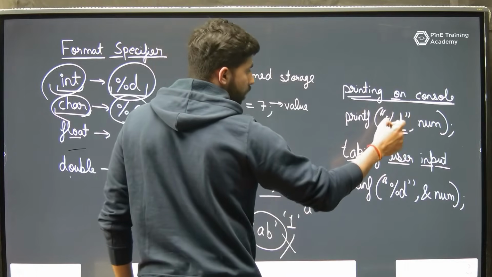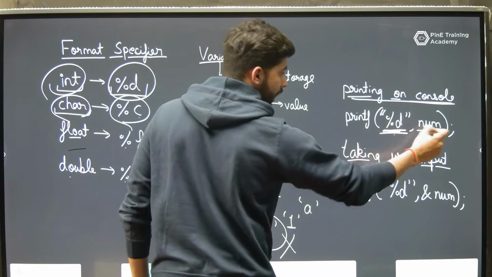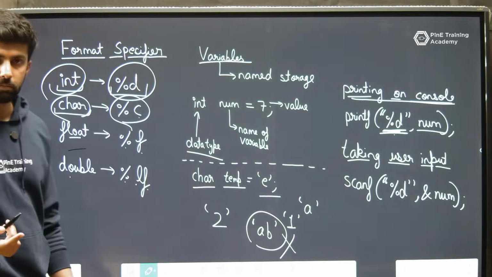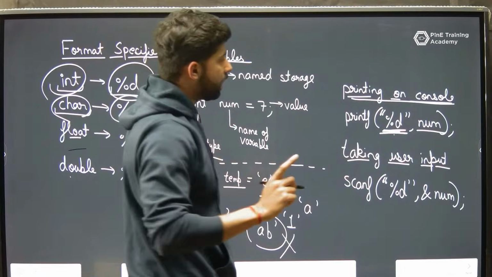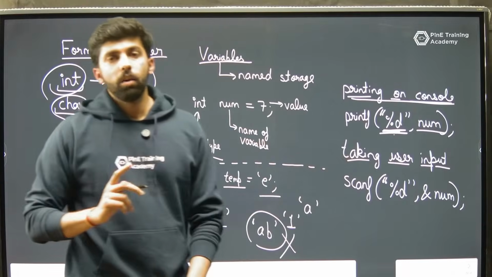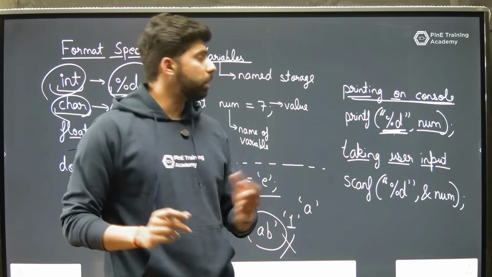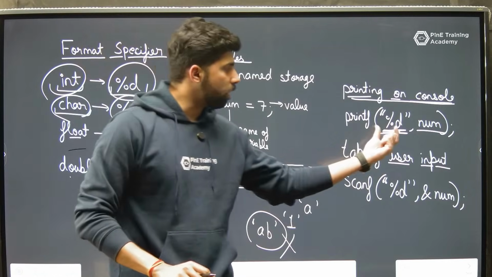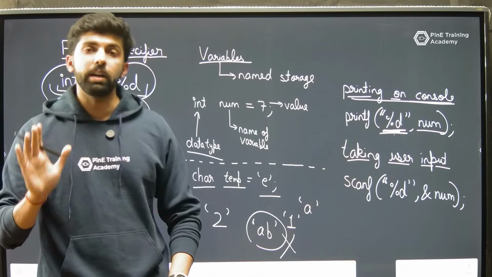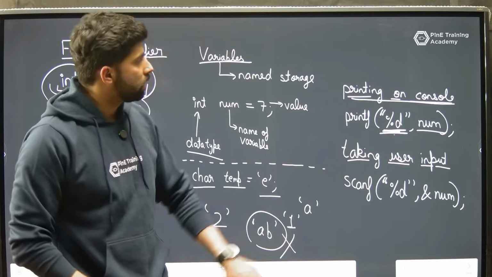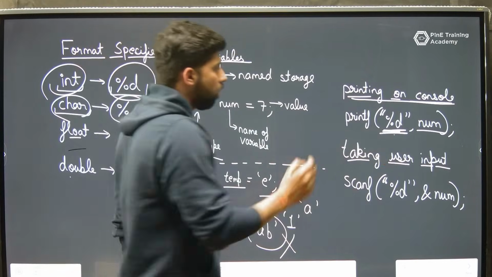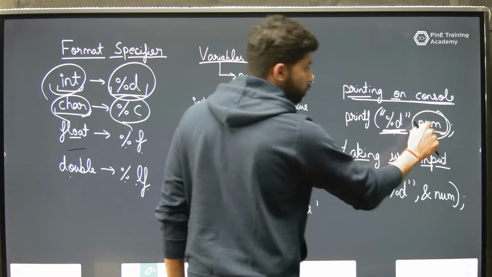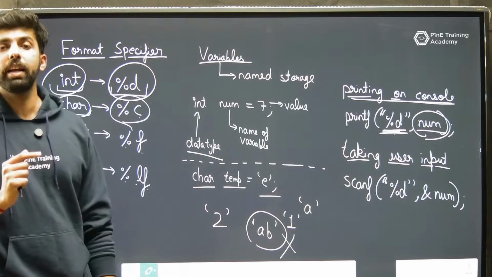In double inverted commas, you use format specifiers, then a comma, and then the name of the variable. Notice that I said earlier, whatever you write in double inverted commas will get printed exactly, but the format specifier will not get printed. Only the value inside num will get printed.